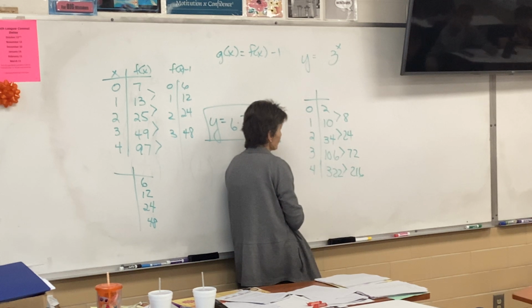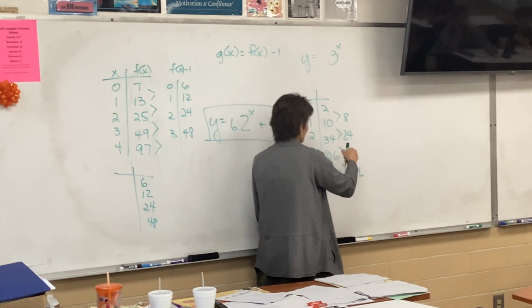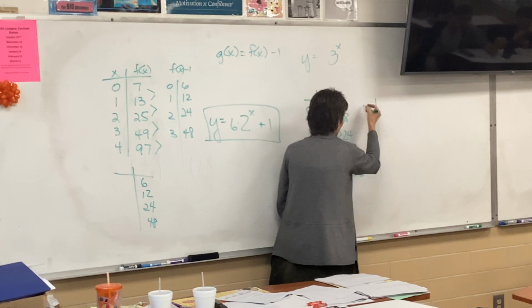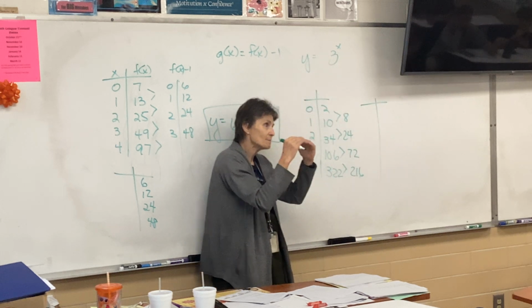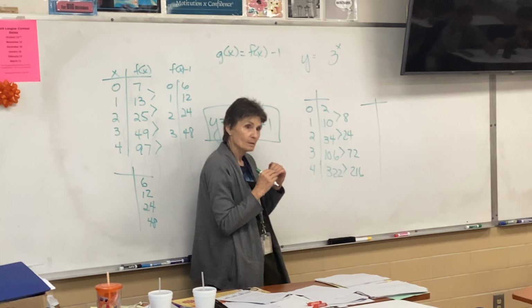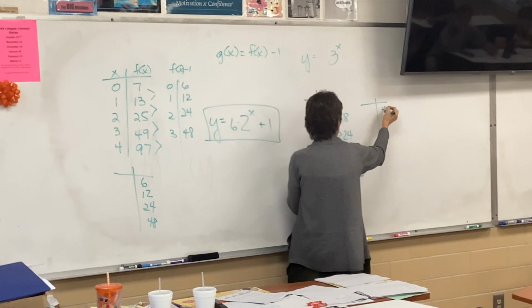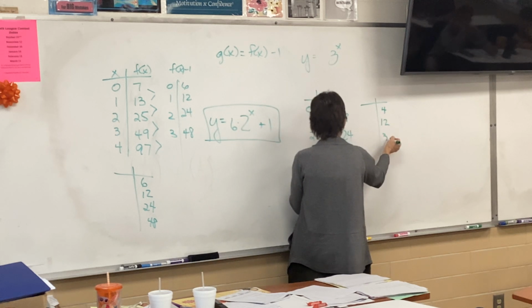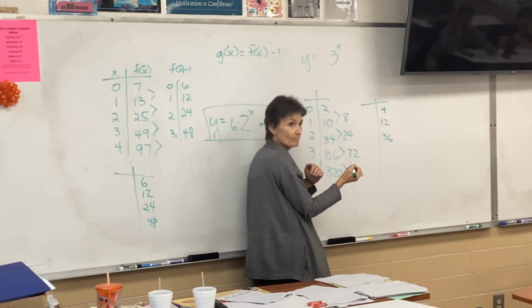So, could we modify those numbers, make new y values, and make it so we were timesing by 3 to get from term to term? Plus 2. So change them into 4, 12, 36, plus 2.